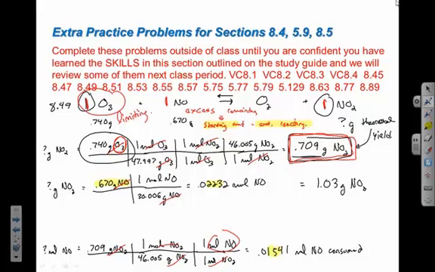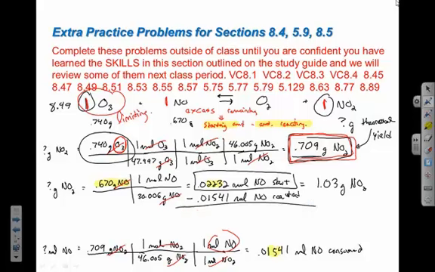So if this is the starting amount, I subtract from that the amount reacted if I want to figure out how much is left over. 0.02232 minus that number gives me 0.0069 left over.